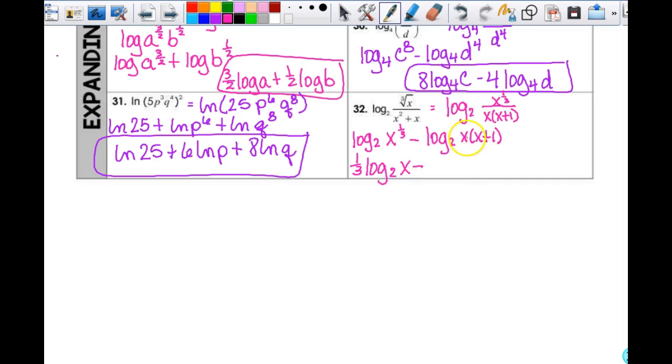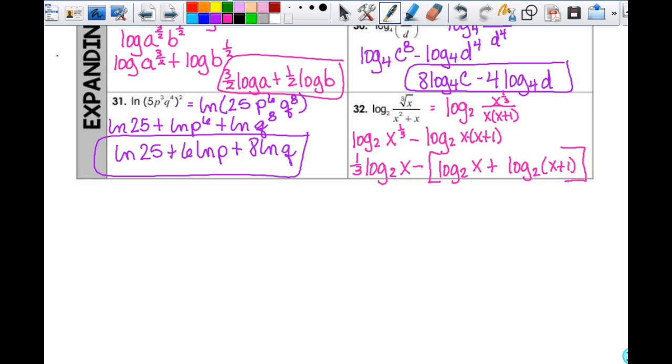I can add, this is the product rule, right? See, when I factored it, you see I have a multiplication there, so I can change it to addition. But you got to be careful because we have this minus here, so I have to put that in brackets so that I can keep that straight because it's minus the whole thing, these two things being added. So this would be log base 2 of x plus log base 2 of x plus 1.